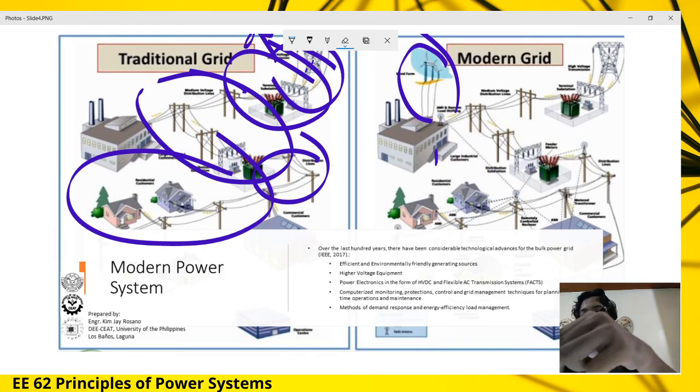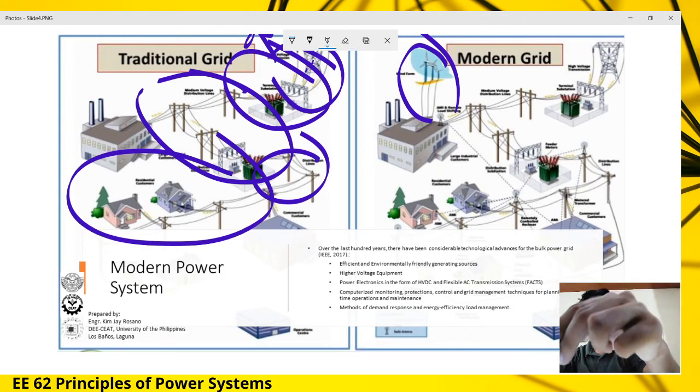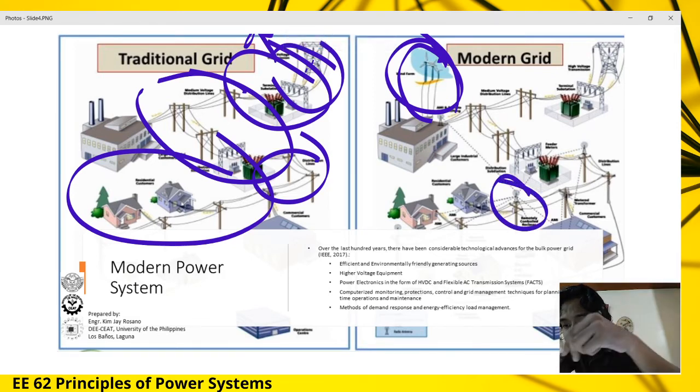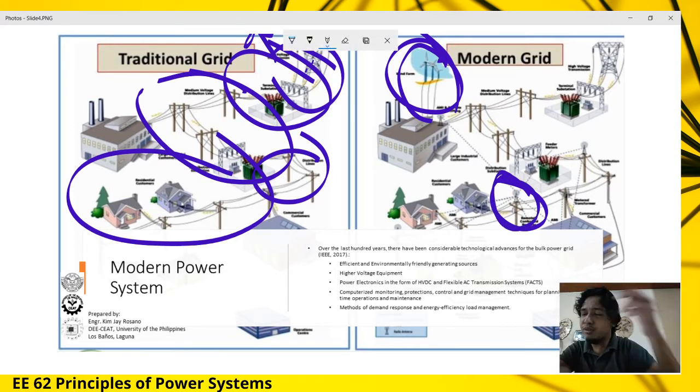Okay? And then bukod sa ating distributed generation like wind farms, solar farms, you also have, I think this is a remotely controlled recloser. So kung ano yung recloser, kung ano yung ginagawa niya, we'll be talking about that later.